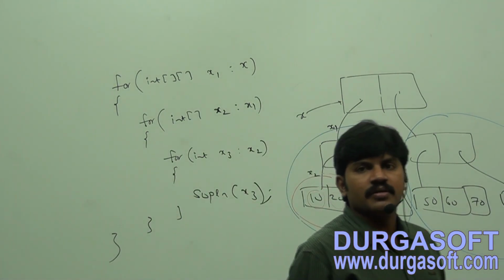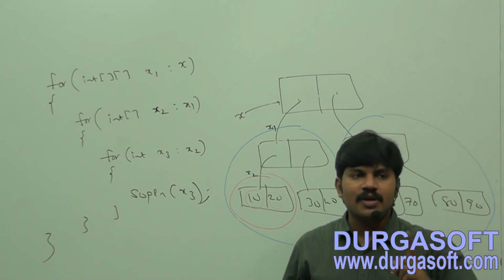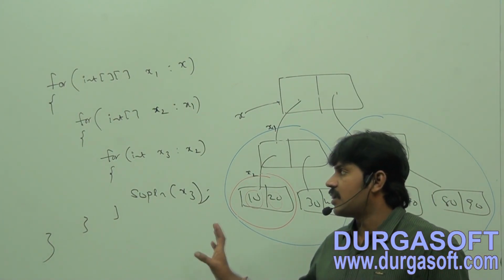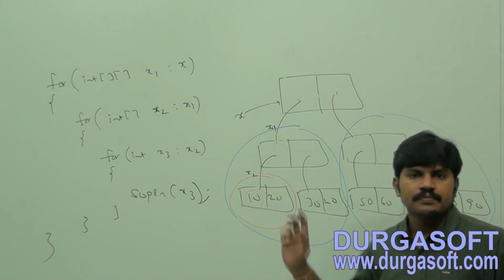So have you observed? Assume if the for each loop is not there, and using the normal for loop we require to print, then our life will become very horrible, I am sure. Okay, take this example.